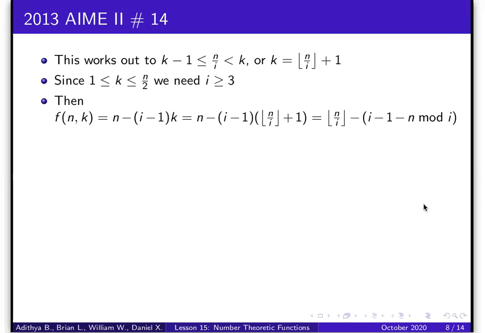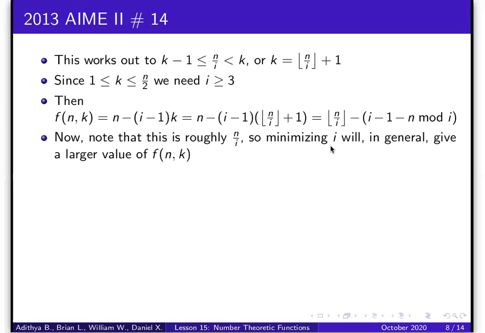So now we claim that i equals 3 gives the maximum value of this. This is true because n over i is the big term.